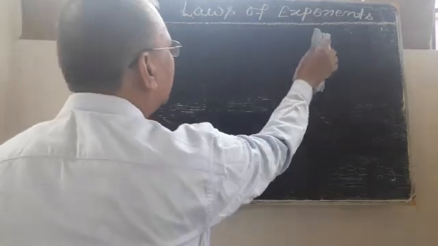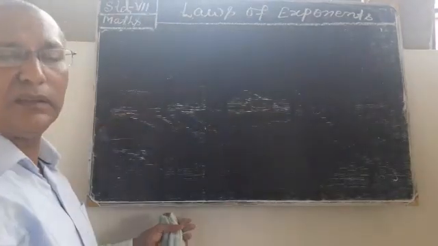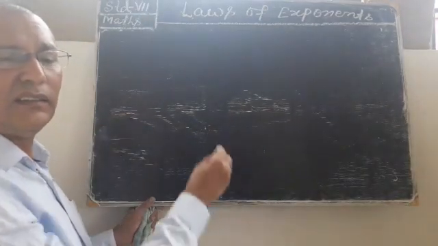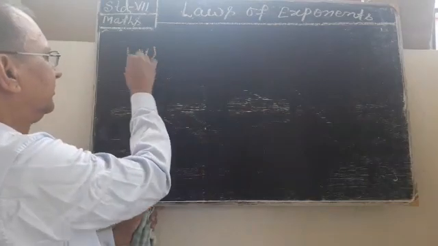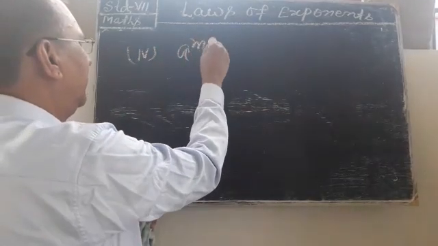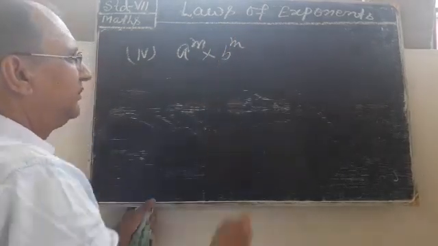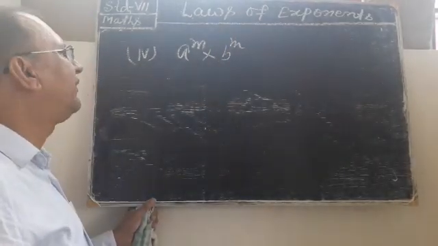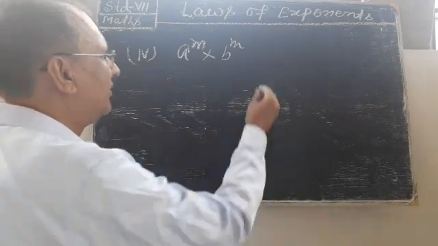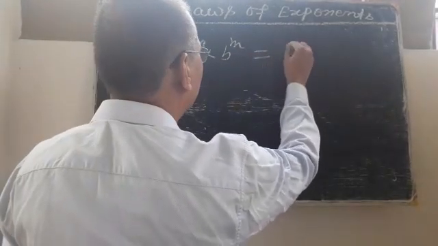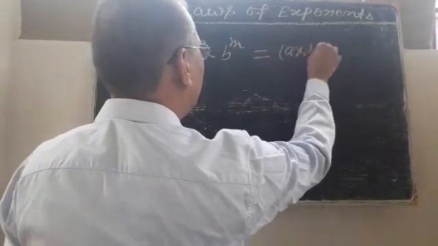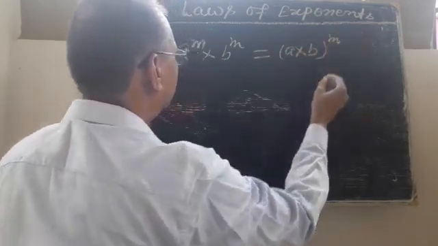Now the fourth and fifth are the bases. The fourth one is a power n into b power n. Here bases are different but the powers are same. Then it is equal to a into b whole power n.